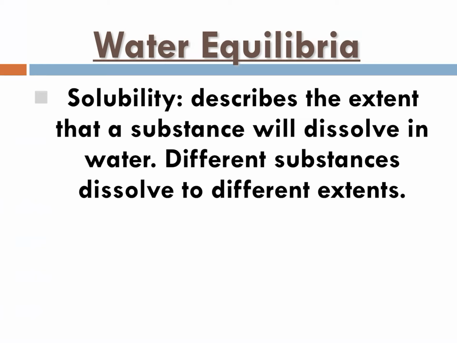Okay. Water solubility. When things produce ions by dissolving in water, we said that they are strong electrolytes, and when materials do not produce a lot of ions, they're weak electrolytes. And when we usually talk about solubility, when we're talking about ionic salts, we're talking about whether or not they break apart into dissociated ions.